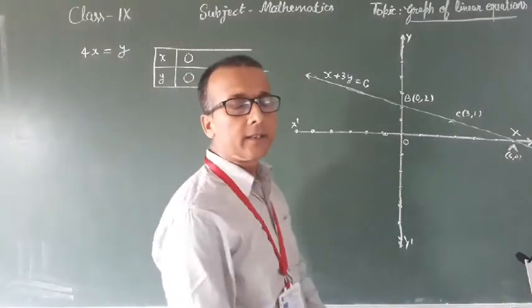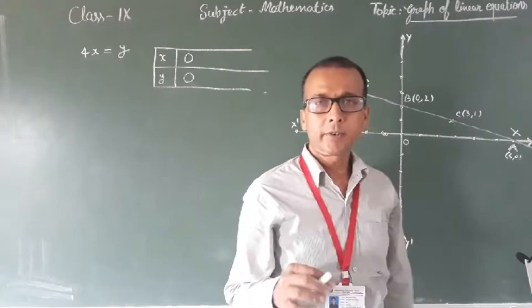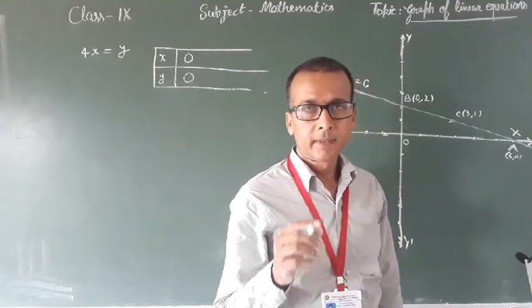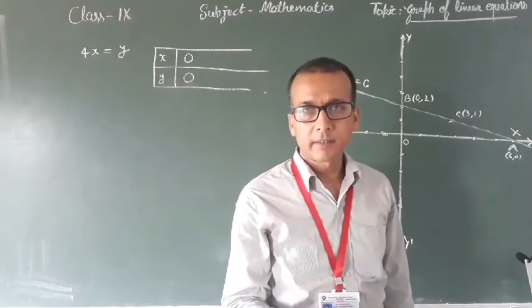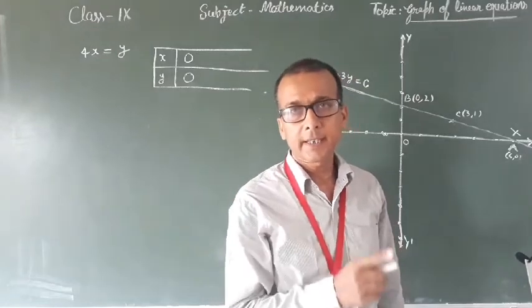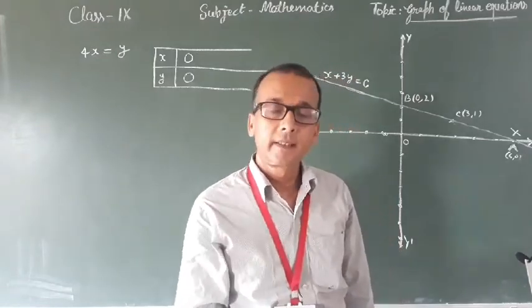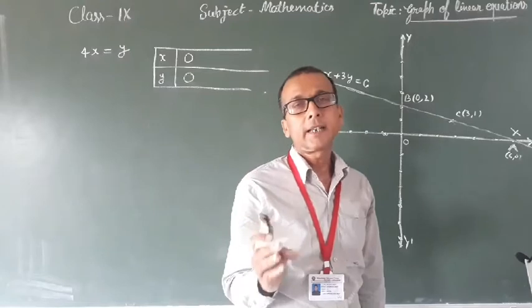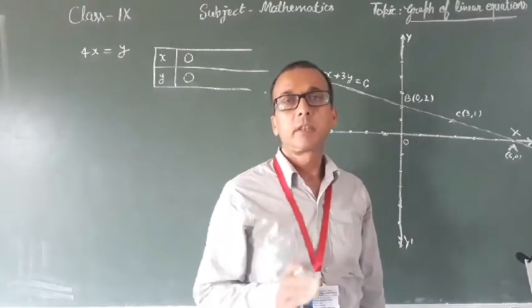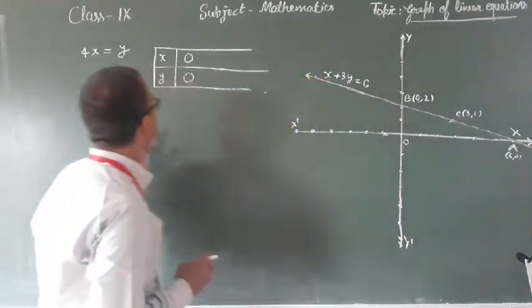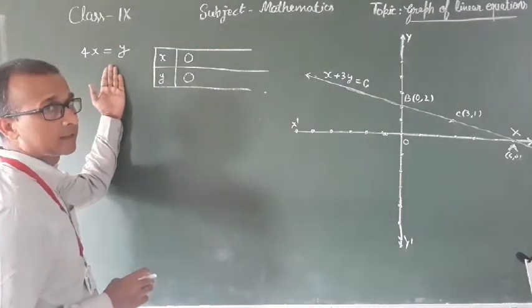There is one another point to note that any linear equation which have not any constant term, then that line will be passes through the origin. Here c is not present in this equation.